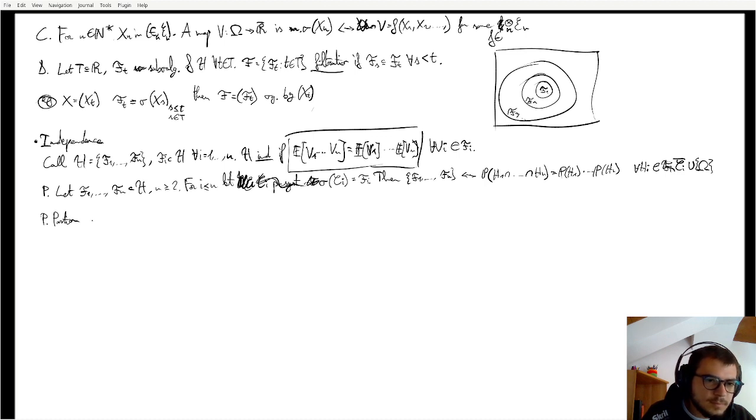A partition of an independency is an independency. We don't have the proof here, but it will be used for the Kolmogorov zero-one law.